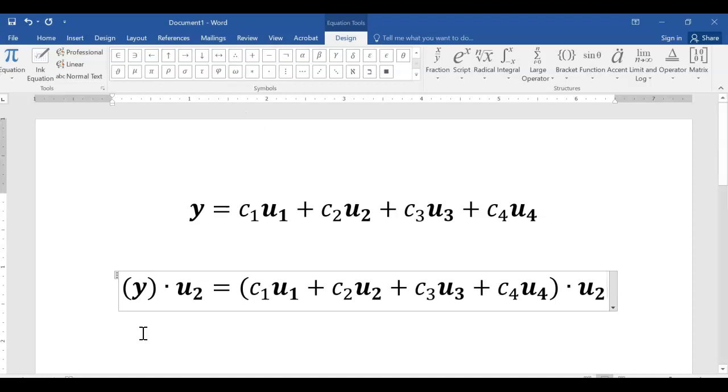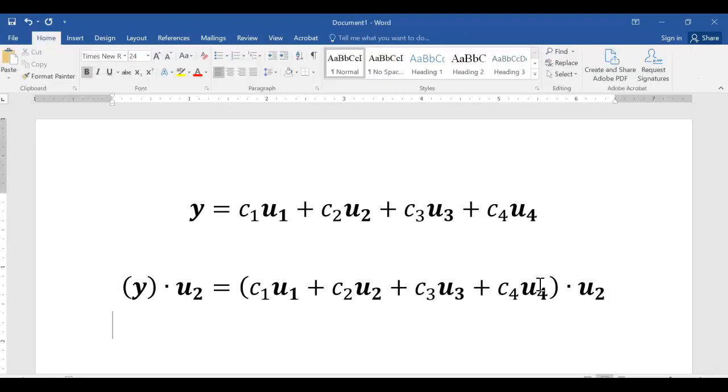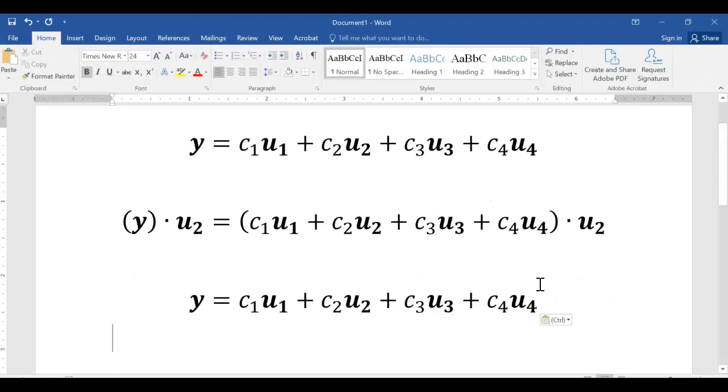Okay? Now, on the left-hand side, obviously that's just Y inner product U2. So that's nice. On the right-hand side, if you remember about inner product, the inner product distributes over addition. So all we're going to end up with is the following equation.